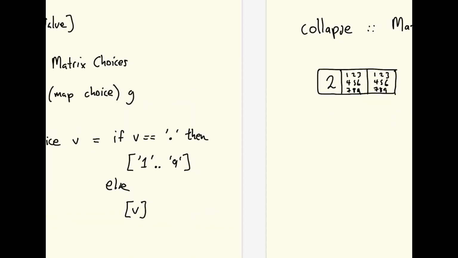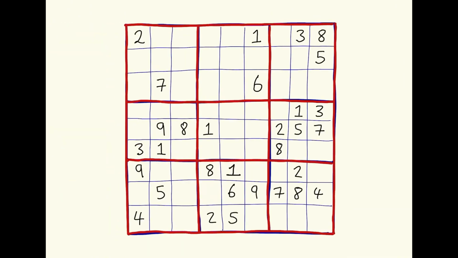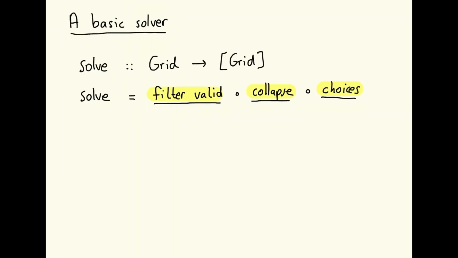If we go back to our grid right at the start and count the number of blank squares, there are actually 51 blank cells in this grid. So if you think about what the collapse function is going to do, out of it will come 9 to the power of 51 grids, because for each of those empty cells there are 9 possible values, and collapse will consider all of those.